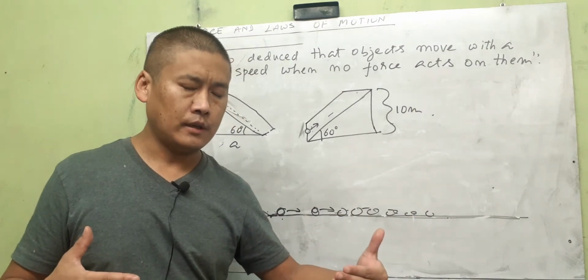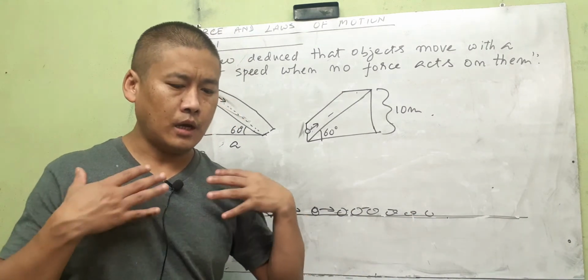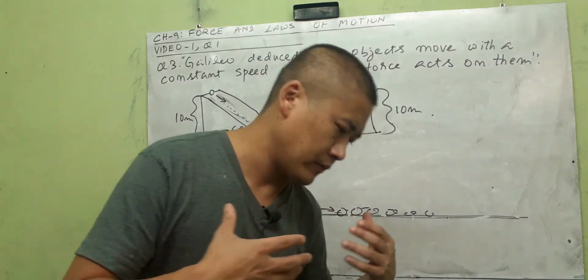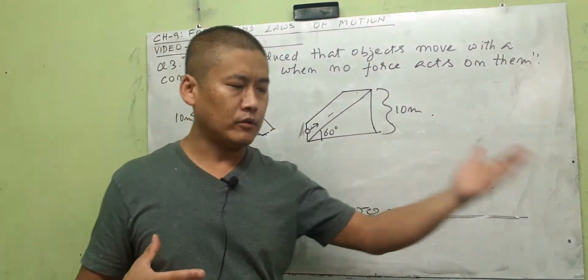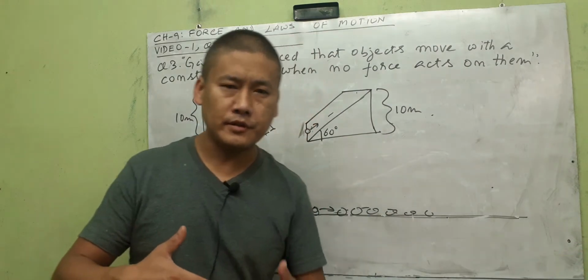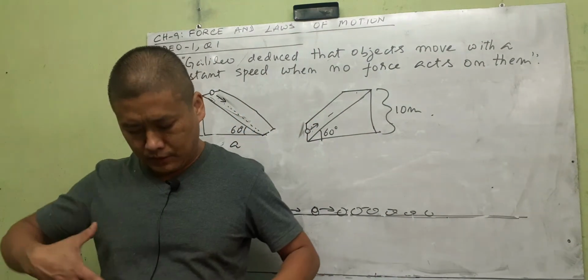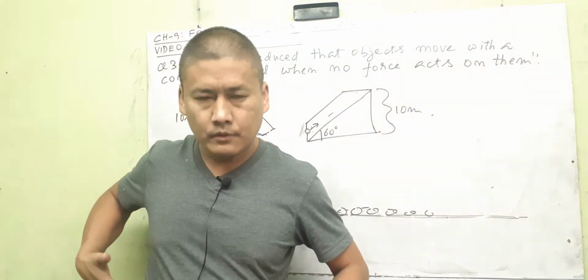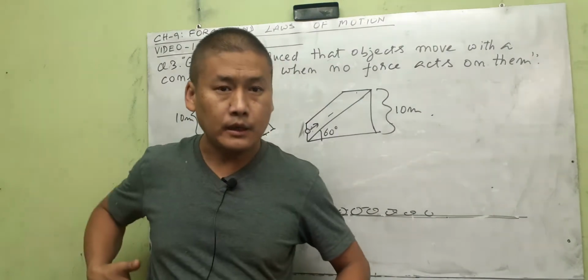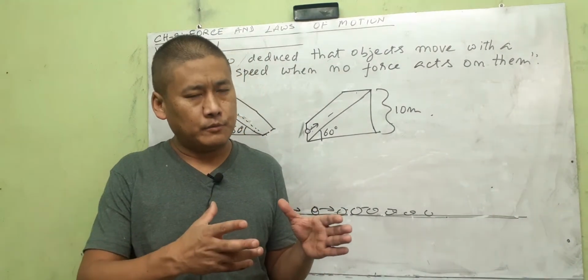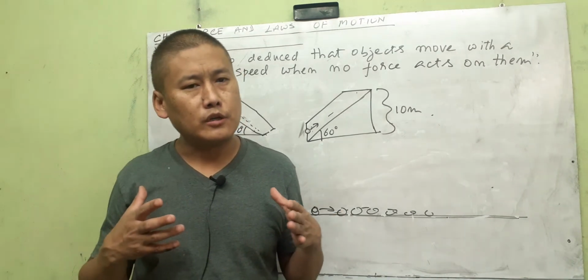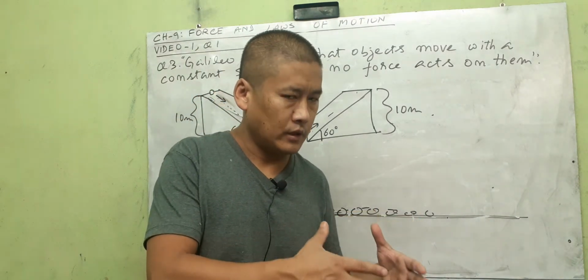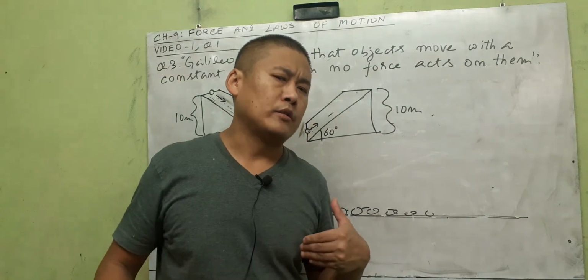Because of that, even though the car has stopped, the upper part of our body moves, and if the brake is applied too suddenly, then our head may go and hit the dashboard there.